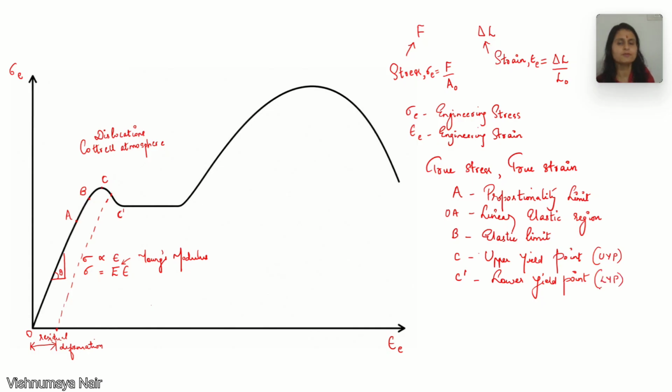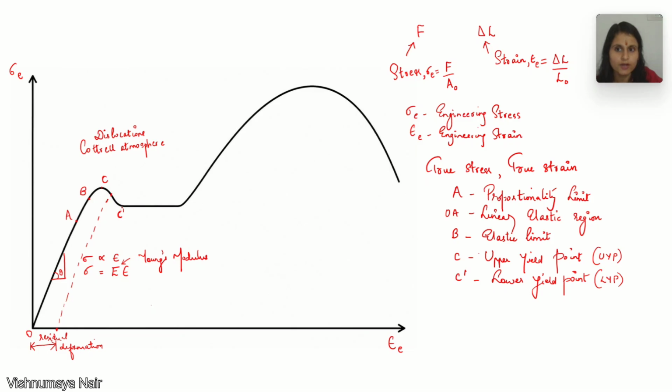So from lower yield point onwards, we can see a significant increase in the plastic strain. But the stress remains almost constant at lower yield point here. So here we have significant plastic strain, right? This process by which the material undergoes significant plastic deformation at relatively constant stress is known as yielding.